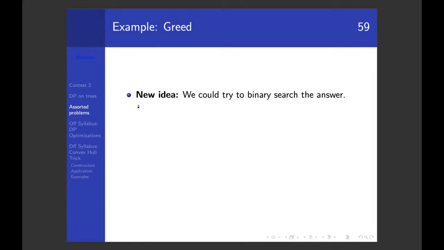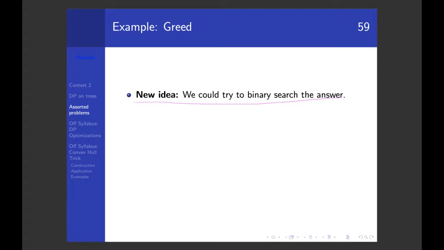However, we're going to try and binary search the answer, because remember, this problem was to minimize the maximum slice. And minimize the maximum, just like maximize the minimum, inspires binary search.